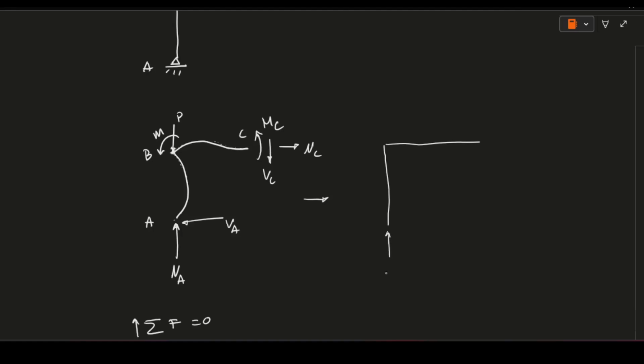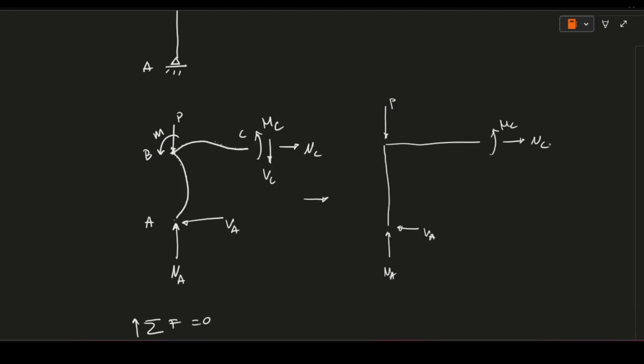We know that at A, we don't have any moments because it's a pin. At B, we have this load P. And at C, we have a moment MC and a shear force VC, which we said was 0, and we have a normal force NC there.